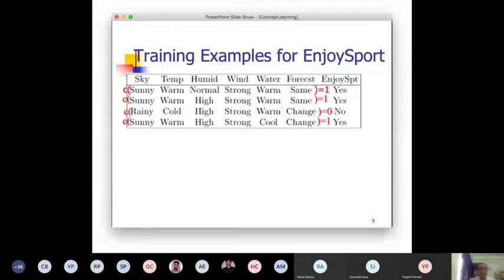You have been given only a few cases, as you can see. So can you tell me what should be the total number of input vectors, if I consider them as vectors in the space of sky, temp, humid, wind. So what is that dimension? It's a 6-dimensional space.